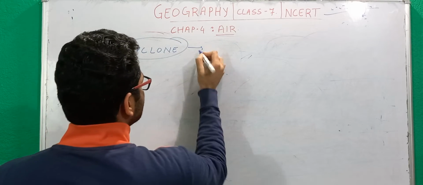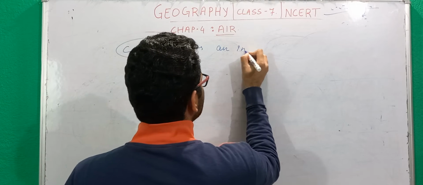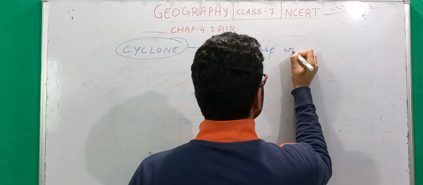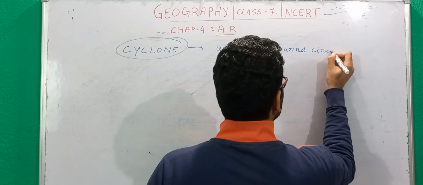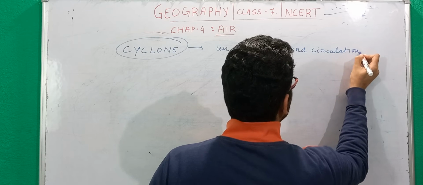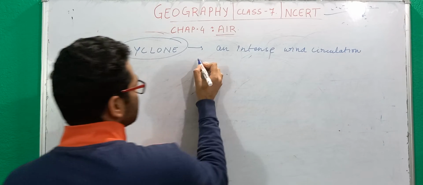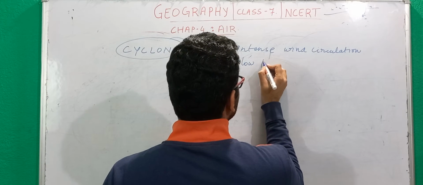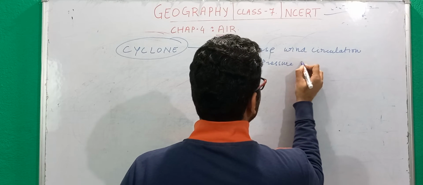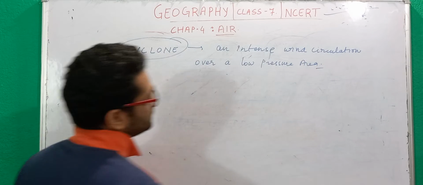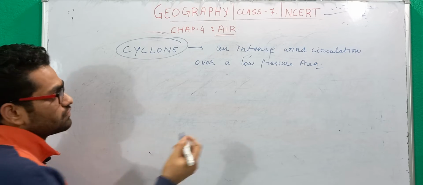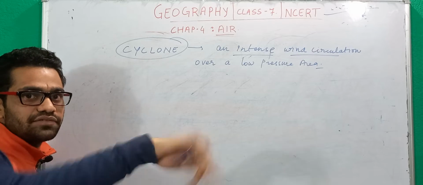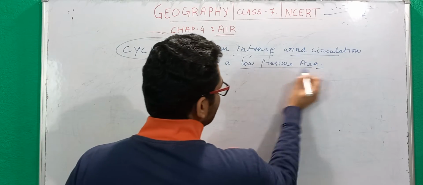When we say cyclone, it is an intense wind circulation over a low pressure area. Intense wind circulation means wind is circulating at a very fast rate, and over a low pressure.